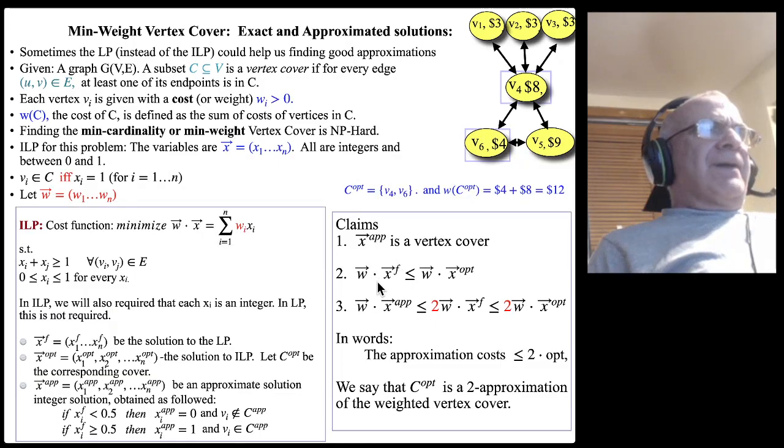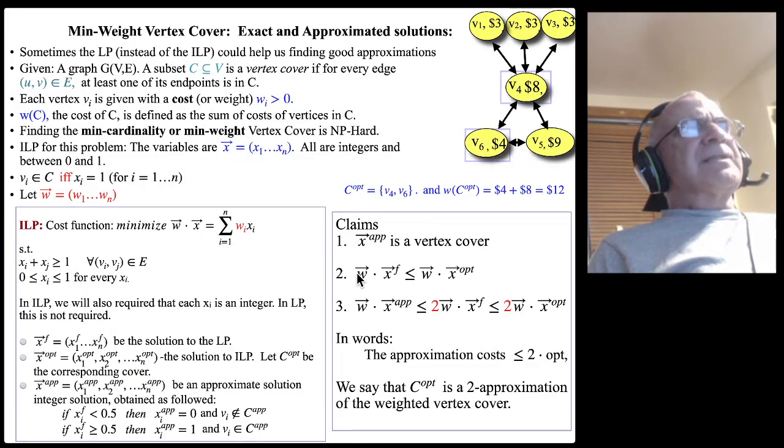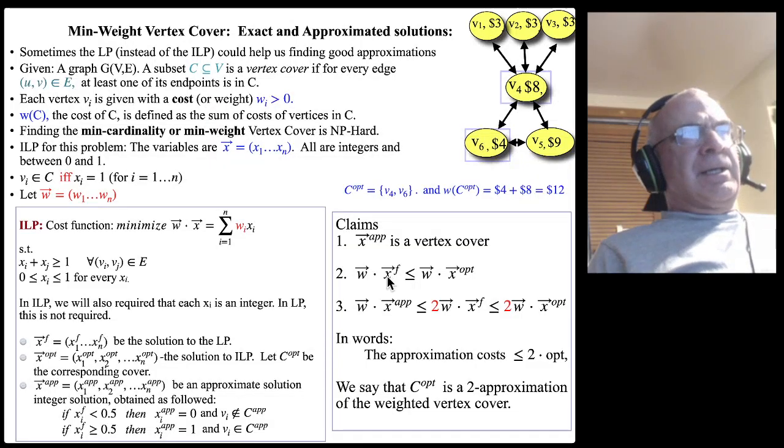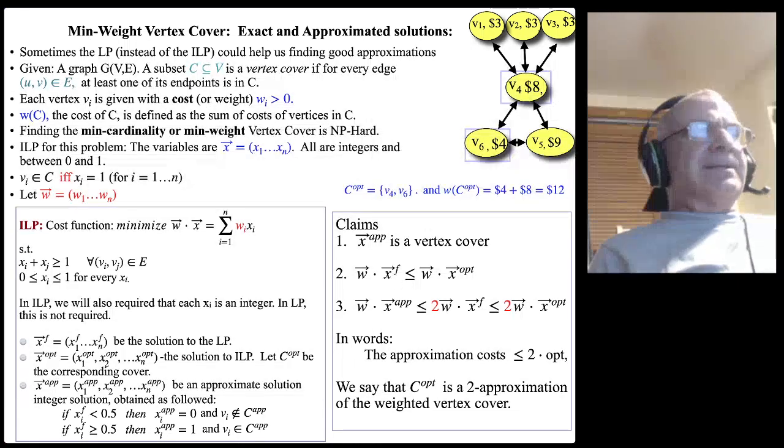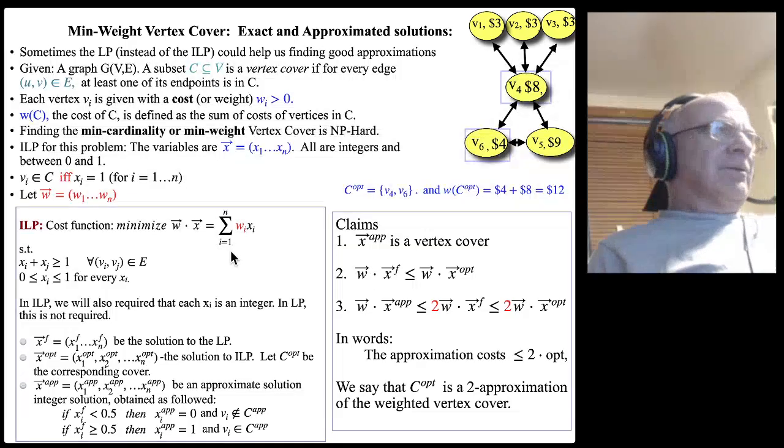Okay, finally, the second claim will be that I'm comparing the cost of the linear programming, not the ILP. This is the cost I'm getting from the solution to the cost function when I'm looking at the float vectors between zero and one, like the example behind me of half, half, half on the three vertices.